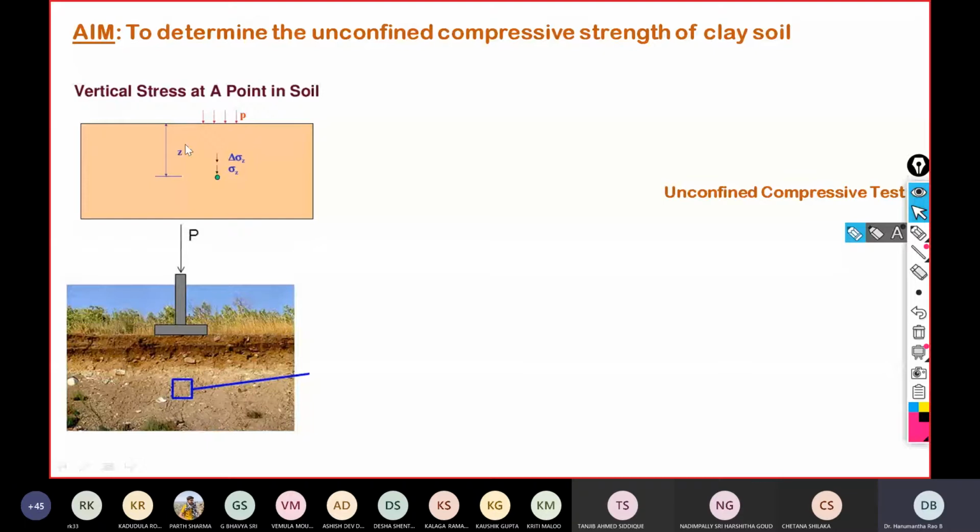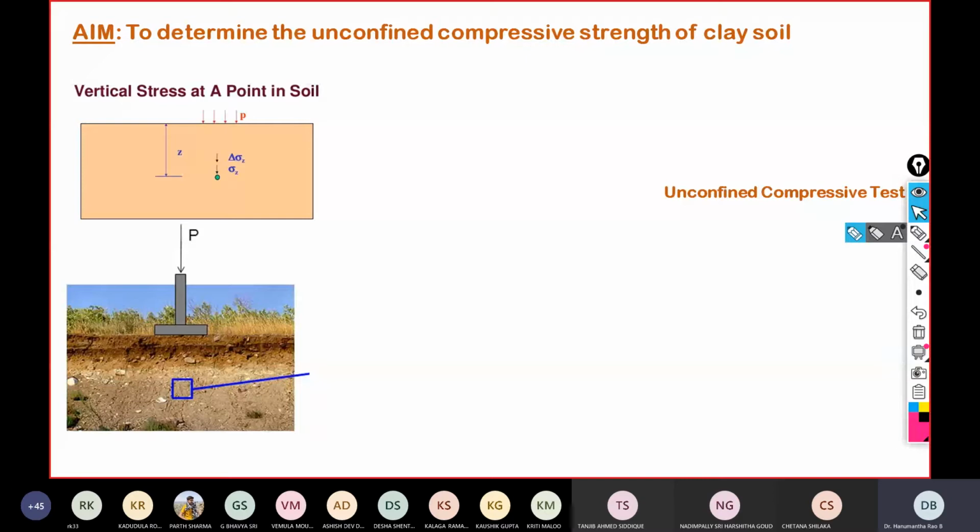On this soil element, the stresses act. These stresses include normal stresses, shear stresses, and the combination of various other stresses. This part has been very well covered in your strength of materials and engineering mechanics, so I don't need to reiterate the same aspect.